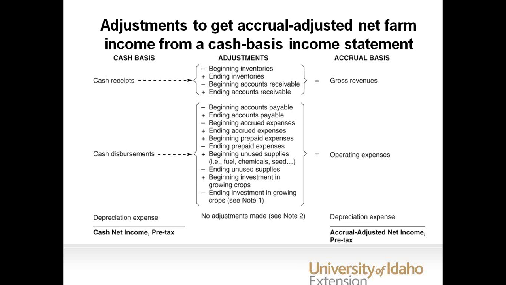Same thing on the cash disbursement side. Let's just look at accounts payable. If you started with accounts payable of $100 and you ended with accounts payable of $200, so you ended with a higher accounts payable level, then you've got to adjust your operating expenses to show which accounts payable are due to that year.